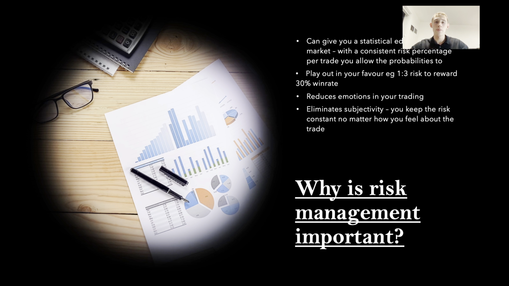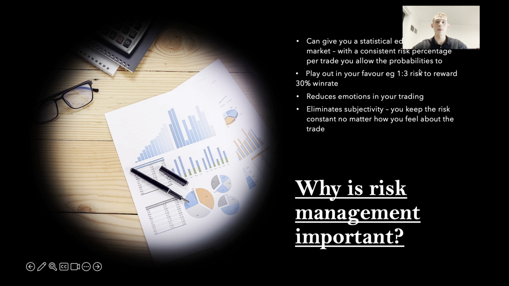Final point as well is that we want our trading to be almost as mechanical as possible. So risk management eliminates any subjectivity, because going into any individual trade, we know how much we're going to risk, how much is our potential loss, or how much it costs to enter that trade is another way of thinking about it. We know how much our potential gain is.